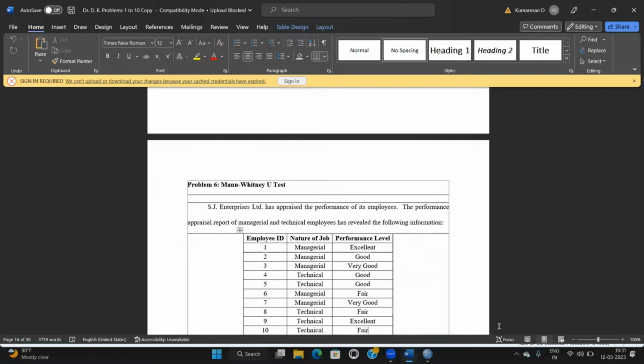If you want to apply Mann-Whitney U test, you need not bother about the normality of data. But you have to decide the type of data.